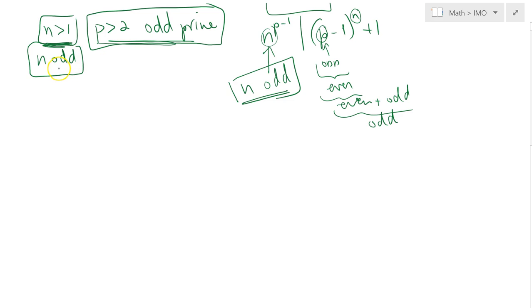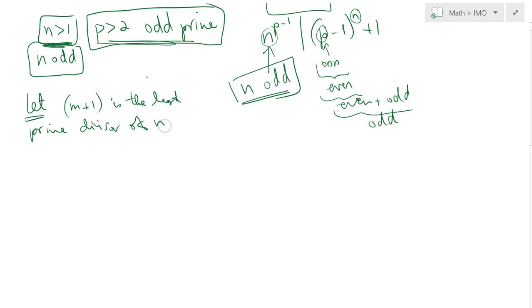So n being an odd number, let's consider a type of extremal argument here. Let's say that m plus 1 is the least prime divisor of n, as we've done multiple times in previous videos.